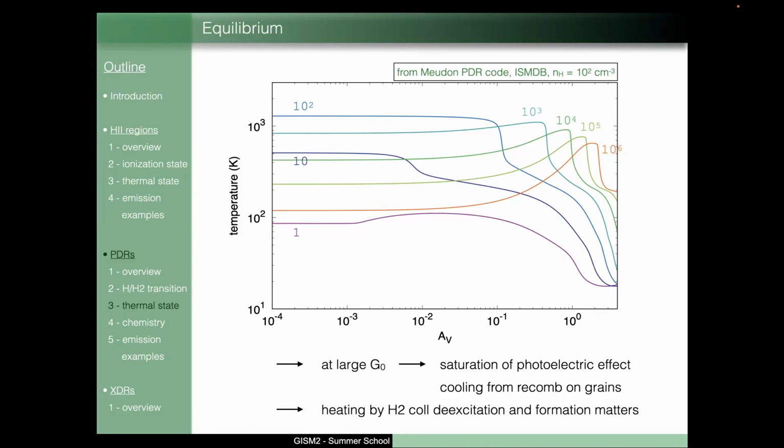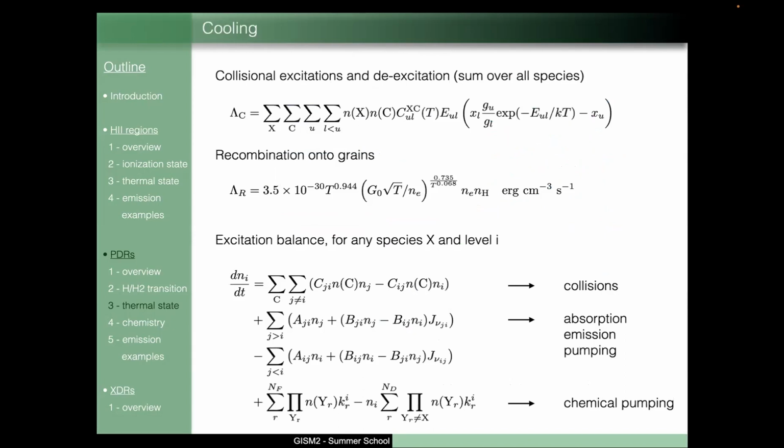And the reason for that is that, at this point, you have a heating due to collisional de-excitation of H2. What happens at the H-H2 transition is that you have a lot of H2, because H2 has started to be formed, and this H2 sees the UV radiation field. So it absorbs the UV radiation field, okay?